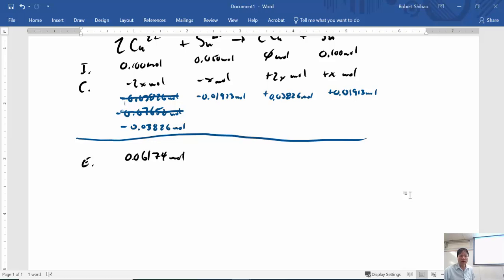And then this one, 0.03. Actually, I could probably do this one. 0.87. This one's easy. I could do this in my head. 3.826 moles. And this one's easy. I could do this one in my head.